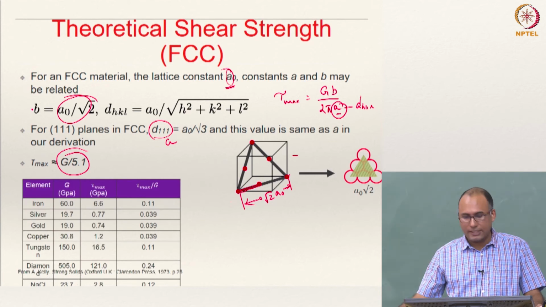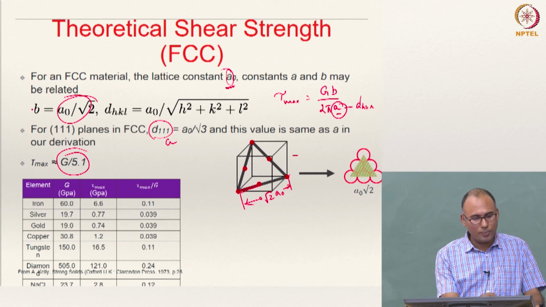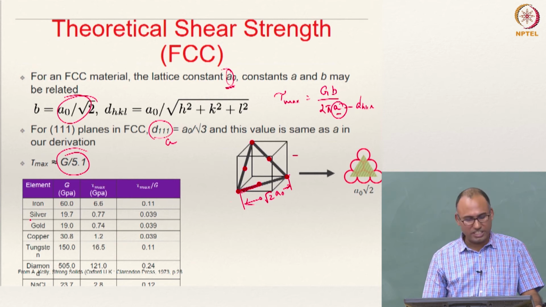So for different materials, if you calculate this tau max by G, tau max equal to G by 5.1, iron it is 0.11, silver 0.039, gold 0.039, and so on. The tau max by G value is coming out to be this value.